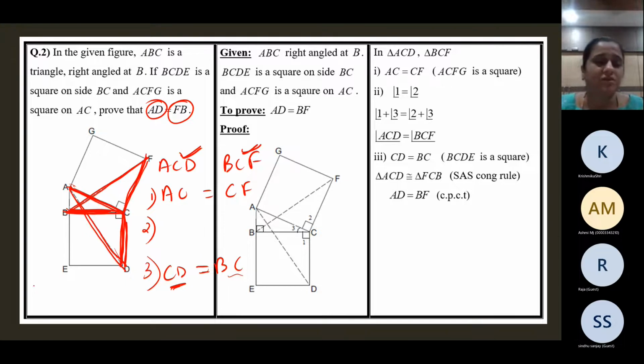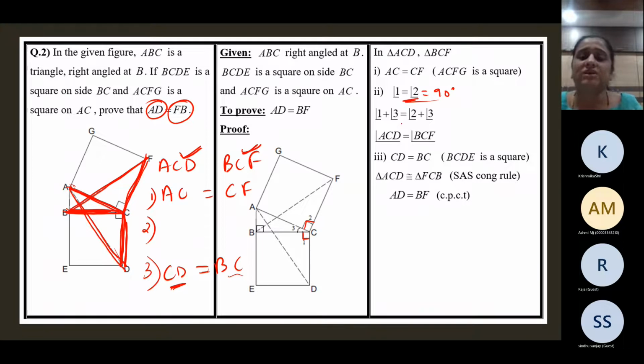Now, the third piece of information: I've marked the angles 1, 2, and 3. Angle 1 is equal to angle 2, which is 90 degrees, because in a square every corner is a right angle. Add angle 3 to both sides.